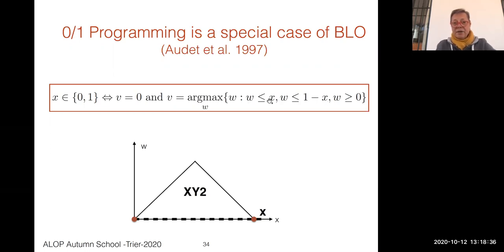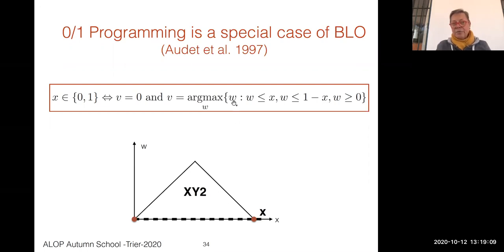And the second level problem is depicted here. It's easy to understand graphically what it is. So you see, the feasible region in the second level is this triangle. You have the first constraint here, you have the second constraint here, and here you have the non-negativity for W. So this is the feasible domain of the second level.